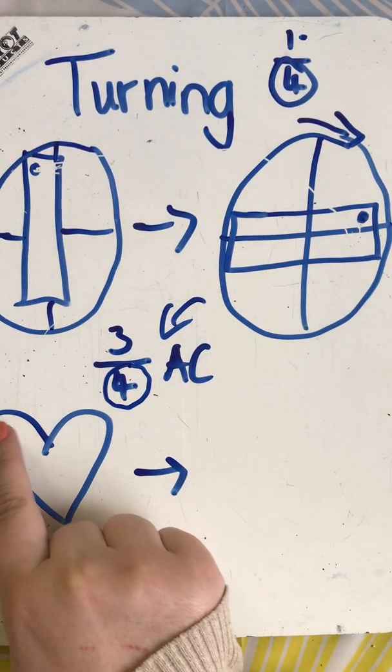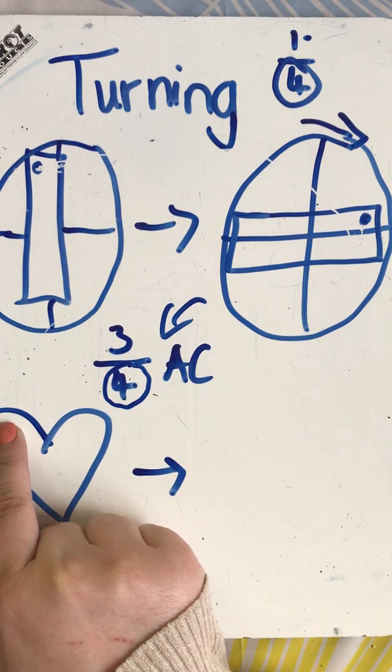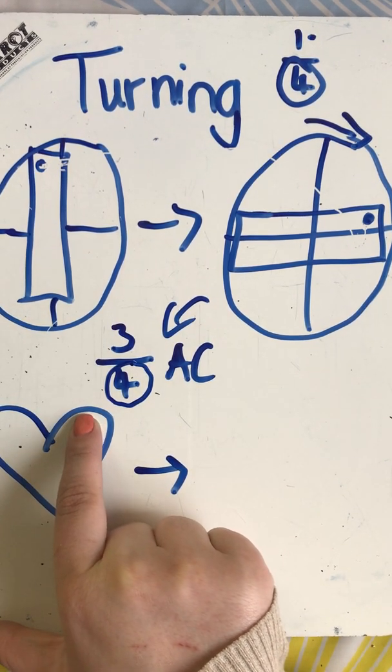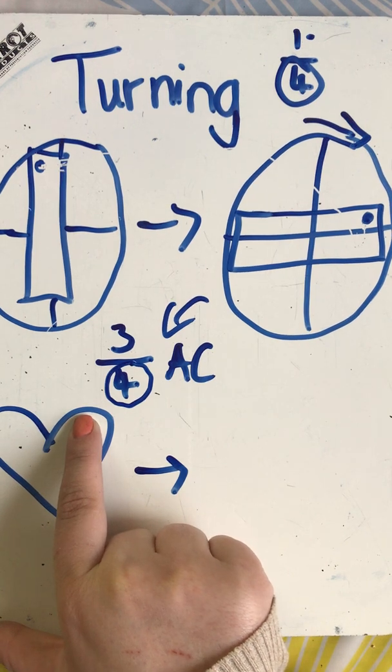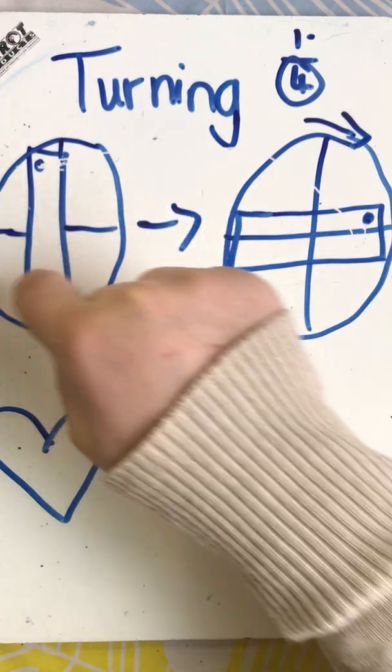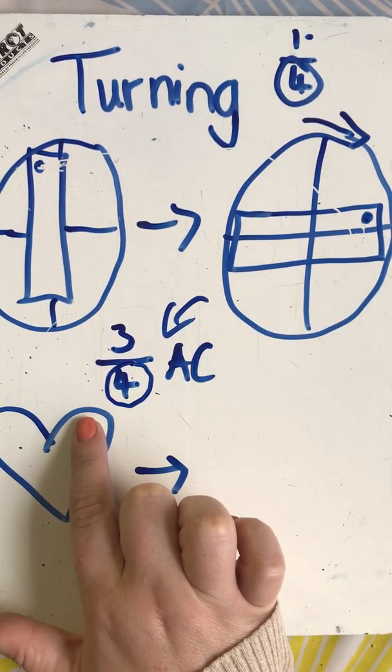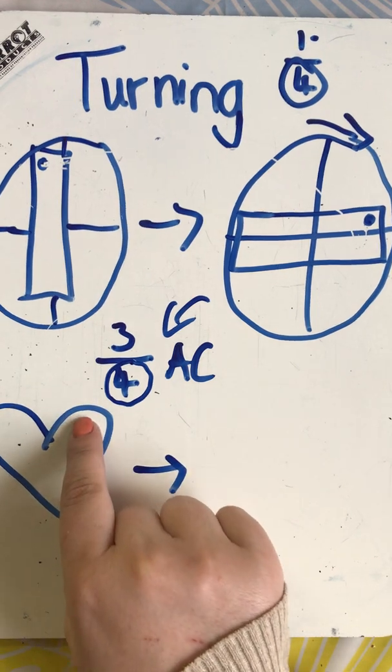Okay, let's say this one is now in the first part. Or no, let's use this one. First part. Now I'm saying 3/4 of the way. So now it must move 3 of my divisions.